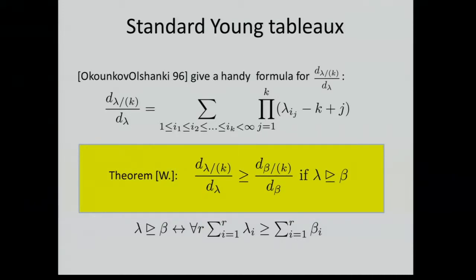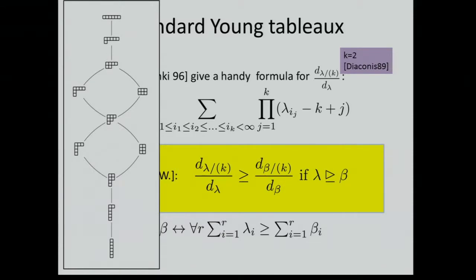And I'm calling this a theorem, and I'm attributing it to myself because I prove it in the paper. Everybody I asked was not aware of this. It seems very simple, so if you have a reference for this, please let me know so I don't go around claiming this because it belongs to somebody else. As you make things wider, this is the dominance ordering on partitions, which I'll give a picture of here for n equals 6.